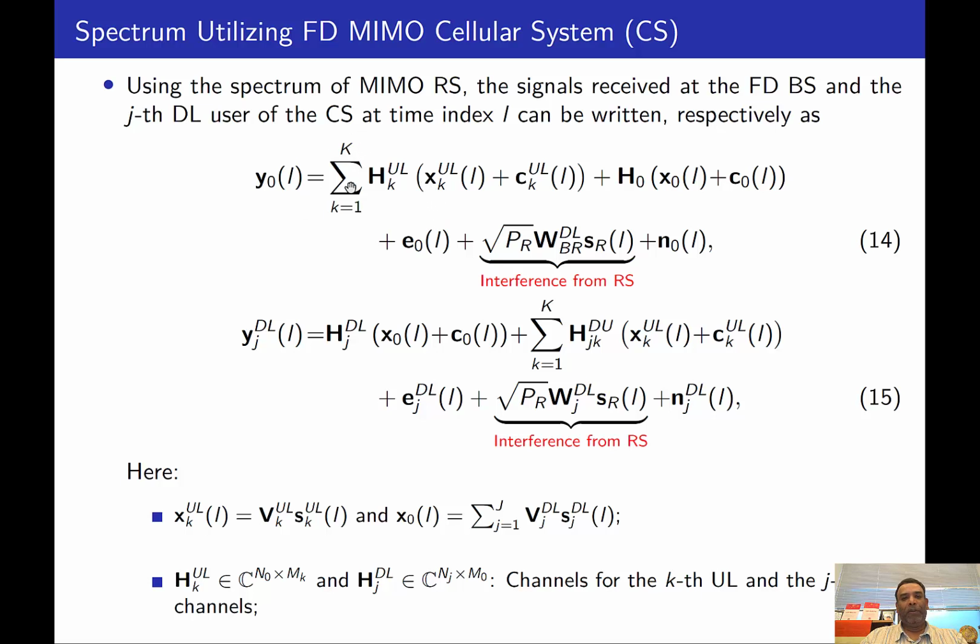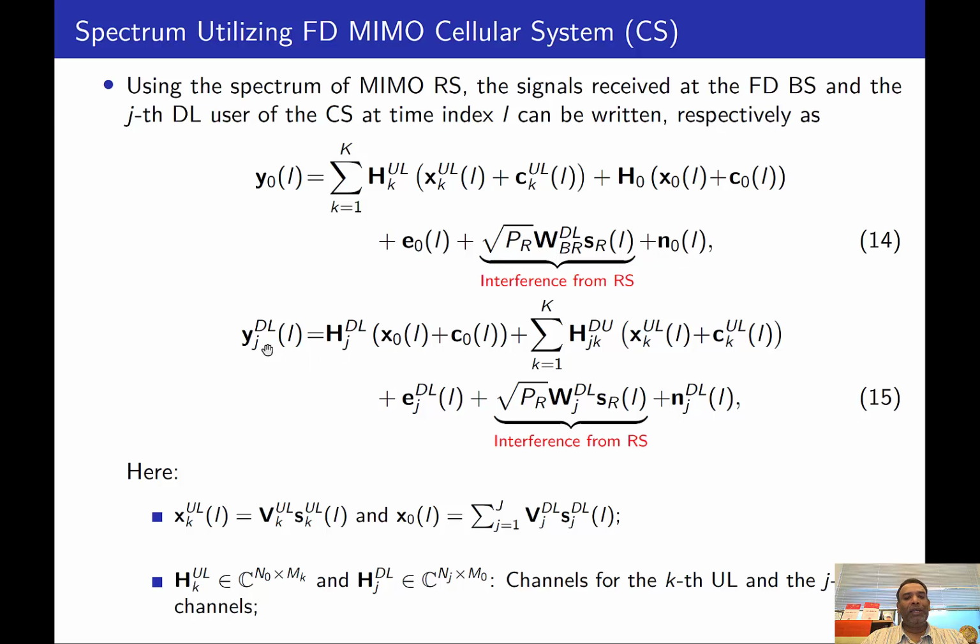This is the kth uplink user. This is the kth uplink user channel, k goes from 1 to capital K. This is the uplink transmitted signal. This is the transmit impairment at the uplink user, and this is the self-interference channel. This is the downlink transmitted signal X node, and this is the base station transmit antenna impairment, and this is the receive impairment at the base station. This is the interference from the radar system, and this is the noise.